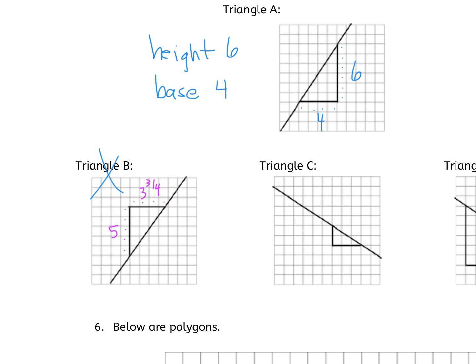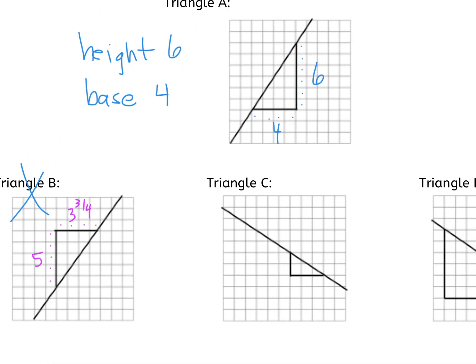Okay, triangle C now could be a reduced figure. And if it's rotated, depending on how you look at the shape, I could say if I turned it, 1, 2, 3, I think consider this the height. So 3 for the height.